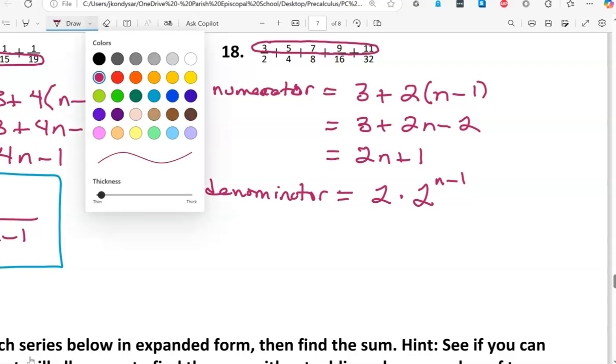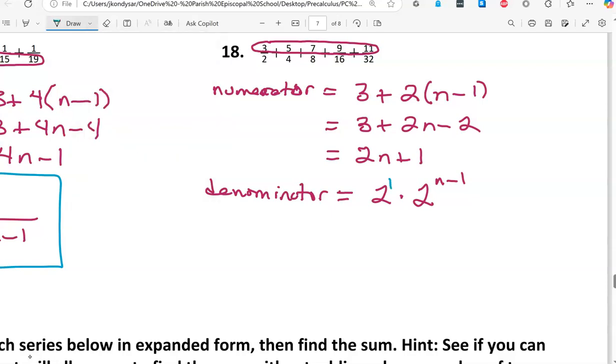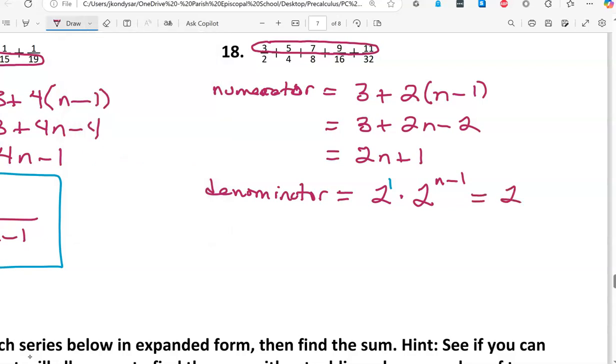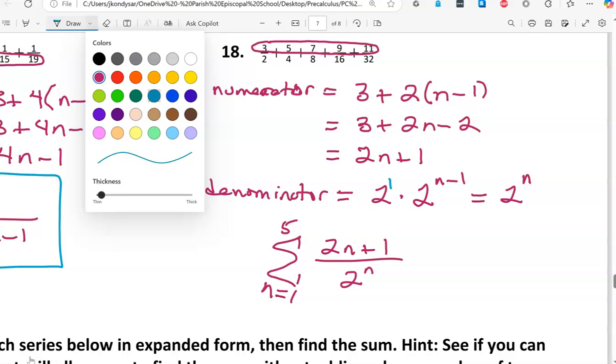Remember that there's an understood exponent of 1 on that first 2, so when we multiply like bases together, we keep the base and add the exponents, so the denominators are 2 raised to the n power. So that means that this series written in sigma notation is the numerator 2n plus 1 divided by the denominator 2 raised to the n power, as n goes from 1 to 5, since there are 5 terms.